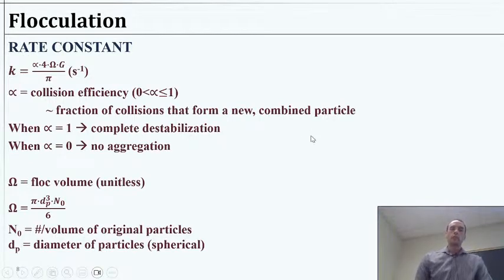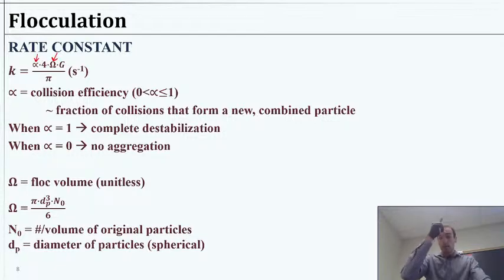All right. So about this rate constant, this K, we want to know what all goes into it. We've already talked about G, and we kind of have a good idea now of where and why we're using that rate constant so that we can see where we're going with it. So there's G, but there's also this omega term and this little alpha. So this guy is the collision efficiency. If we have completely destabilized our particles, that means every time 2 particles meet, they stick together.